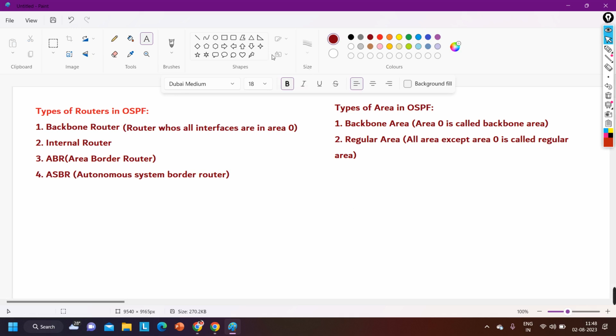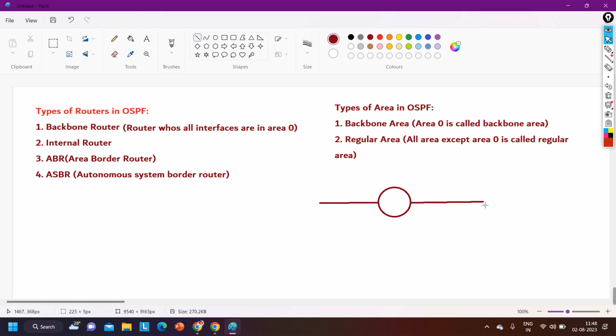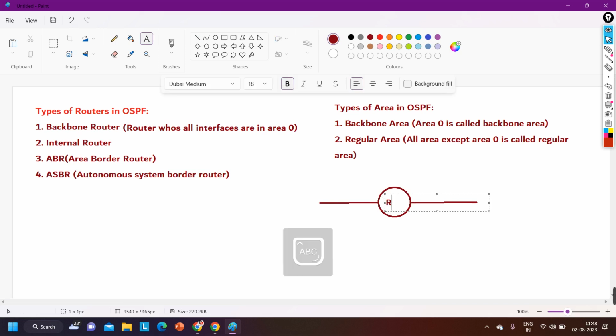Like if I have a router here and this router has some interfaces, let's say this is R1 and this is F0/0 and this is 0/1 interface.